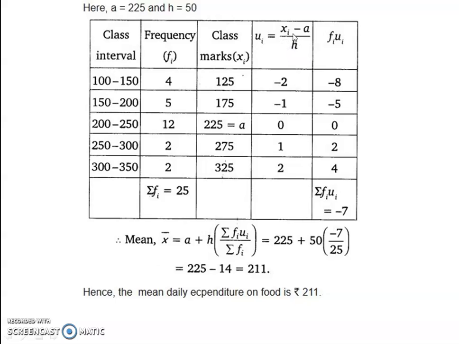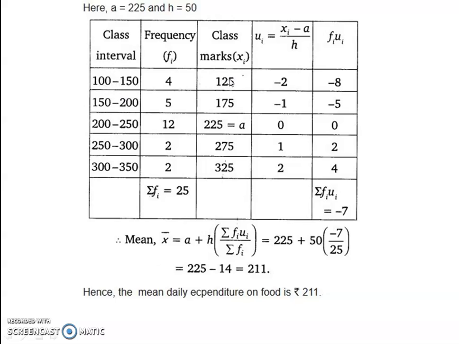Now what is this? h. h is the class height. Height means if this is continuous, you can do upper limit minus lower limit. So what is upper limit minus lower limit here? 150 minus 100, that is 50.